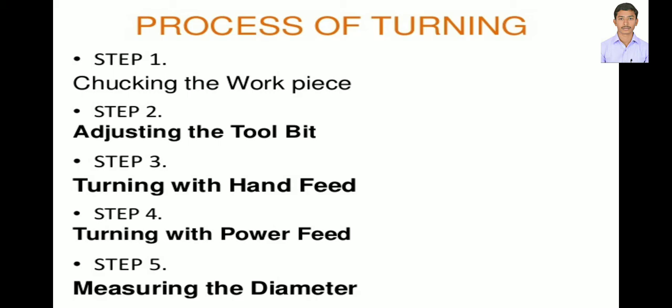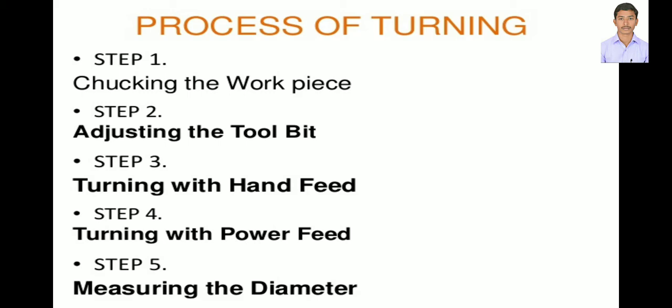And step 3 is turning with the hand feed. For turning with the hand feed, power is switched on and the shaft is rotated. With the hand feed, we control how much feed and how much speed we are getting. And then turning with the power feed: how much power is given and how much speed rate is given.